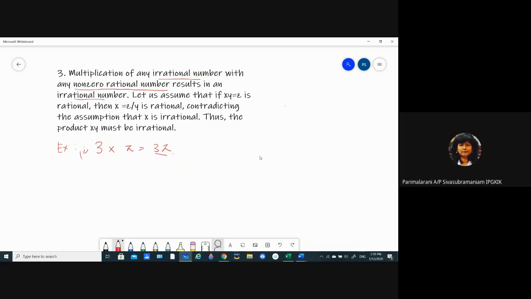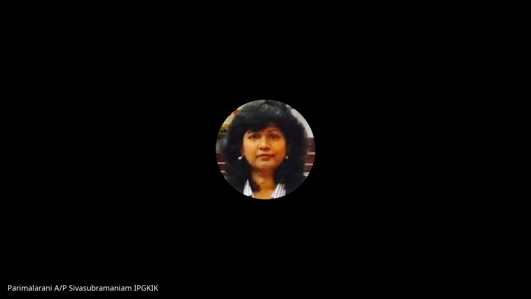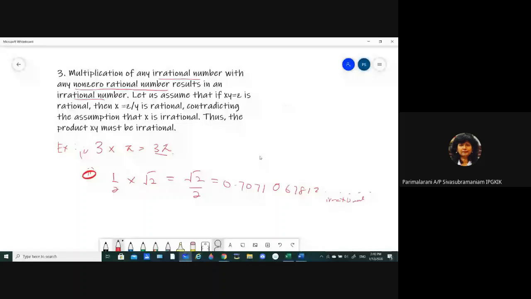Another example, 2 multiplied by the square root of 2. So multiplying a rational number with an irrational number gives us an irrational number.